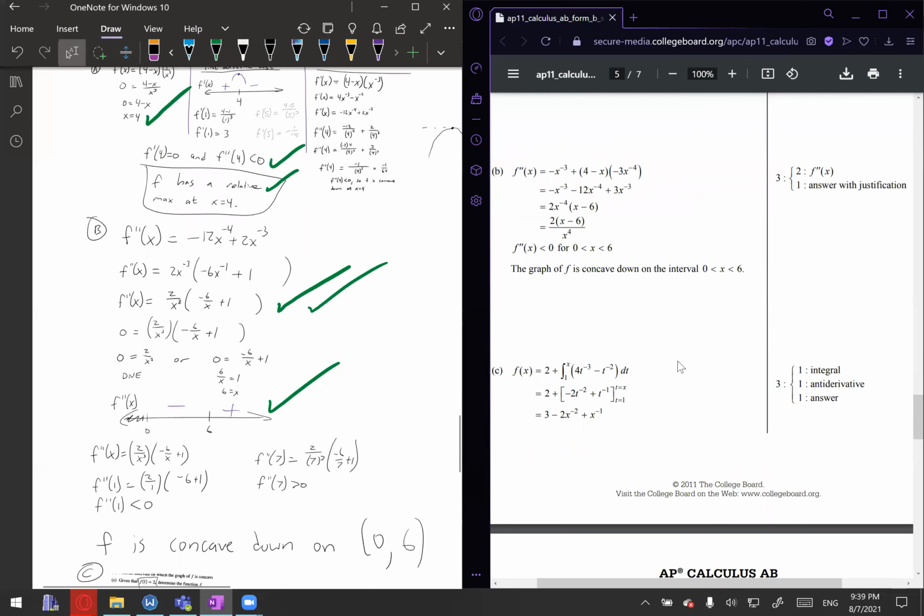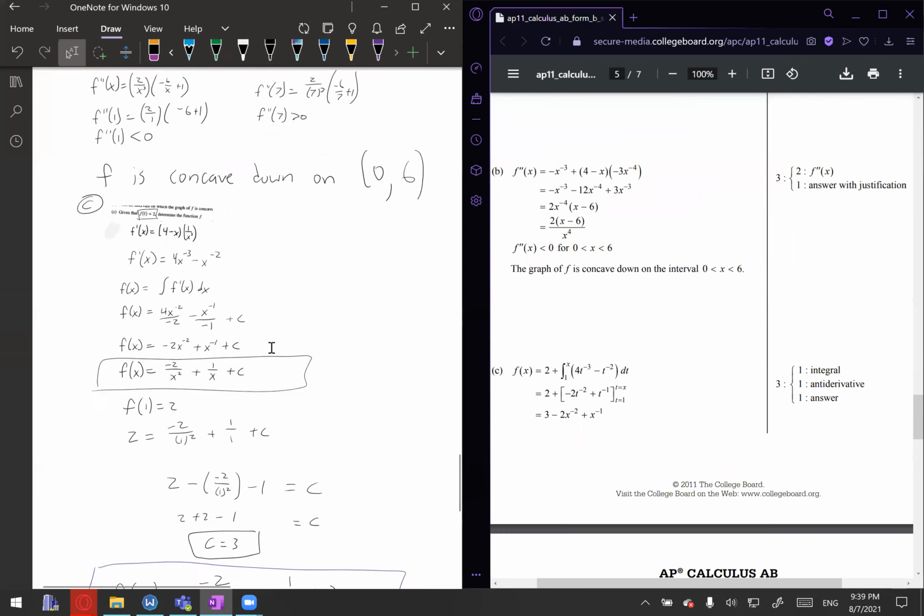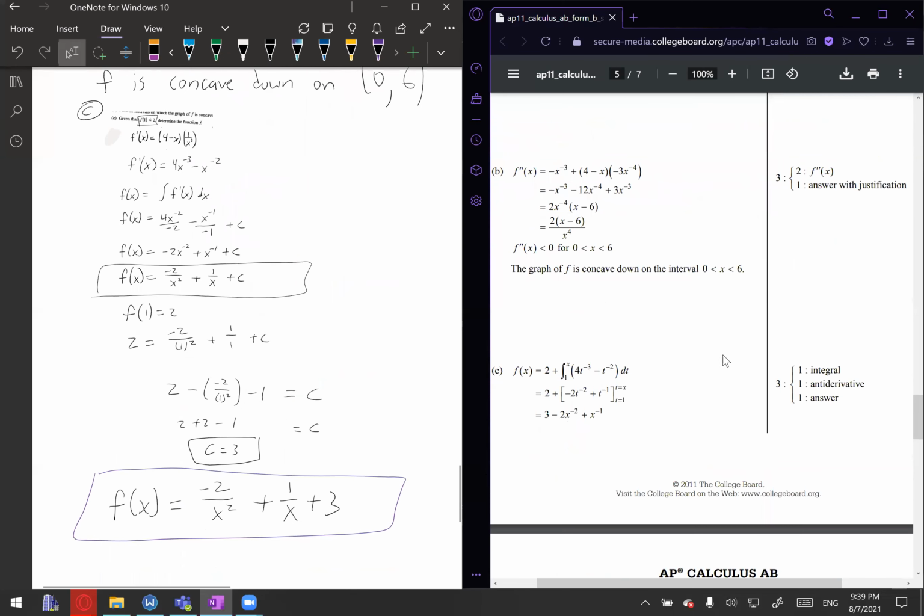Then the last one, for C. I've got 1 point for our integral, antiderivative, and answer. Okay, we integrated directly.